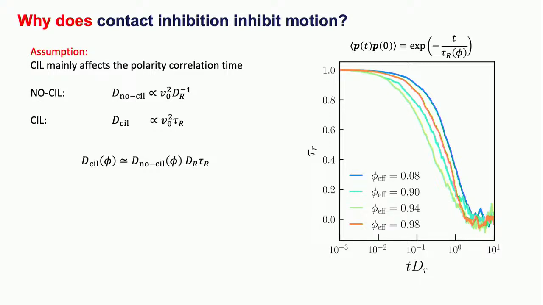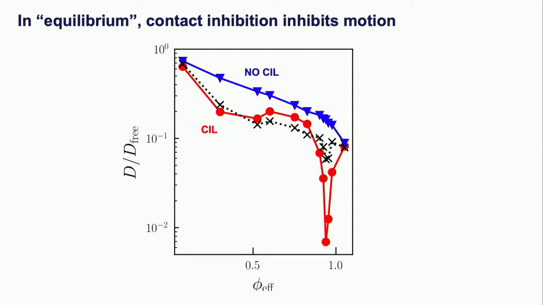The diffusivity in the presence of contact inhibition is the one you have in the absence of contact inhibition, but with a changed rotational time scale. When you do that, you get these points here, which capture the typical behavior. So the main effect of contact inhibition is a change in the polarization time scale.